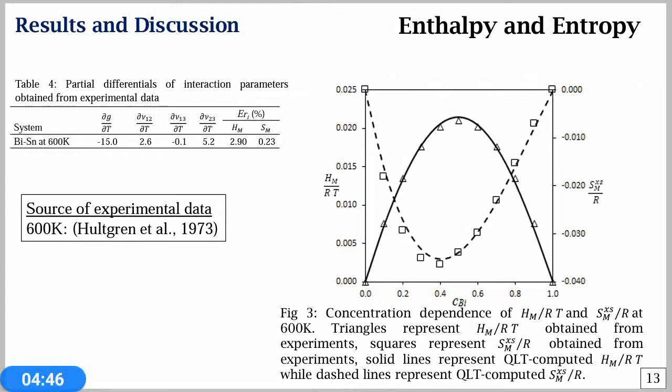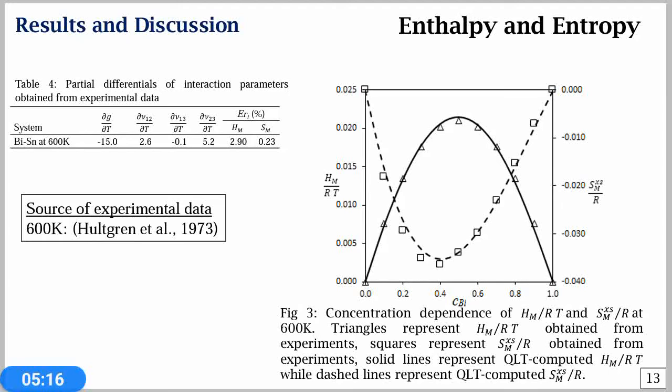Results and discussion. The integral enthalpies and entropies of mixing were studied at 600 Kelvin. Table 4 shows the partial differentials of the interaction parameters fitted to conform to experimental data. It also shows the average errors in computed enthalpies and entropies.